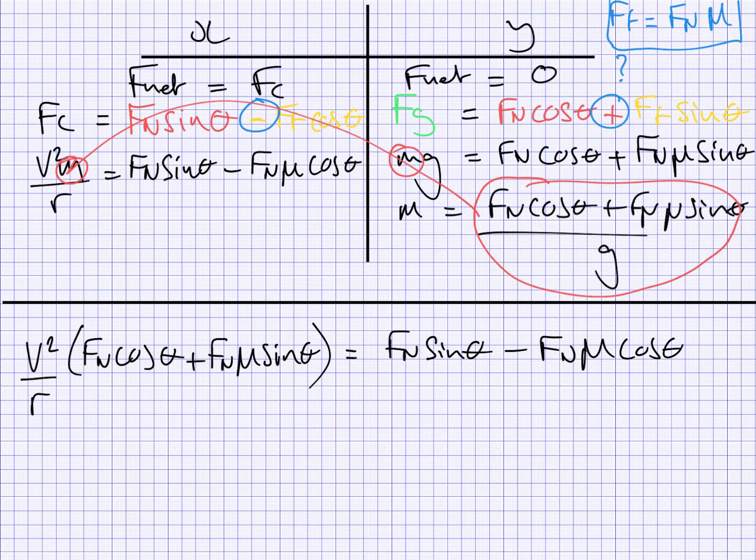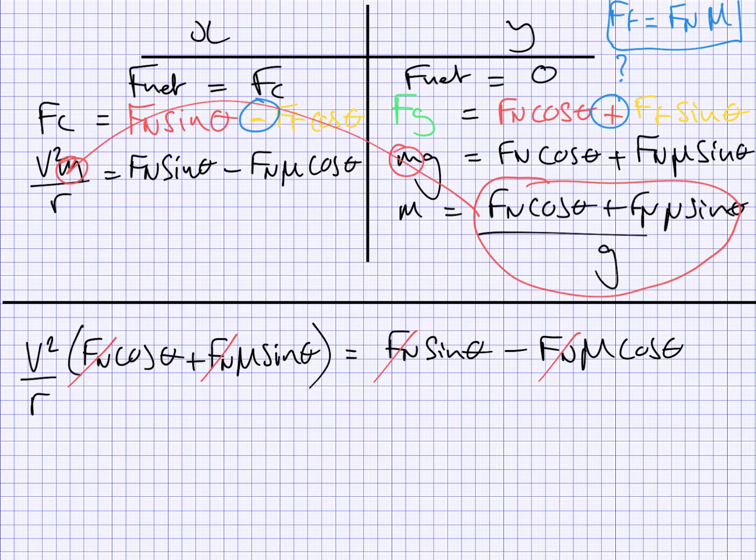So there we go, we substituted in this equation for m, and we have this big long expression here. Now, one thing you can do at this point, and actually you need to do, is recognize that every part of this equation is being multiplied by Fn. So if we divide everything in this equation by Fn, which we can do, we cancel it all out.